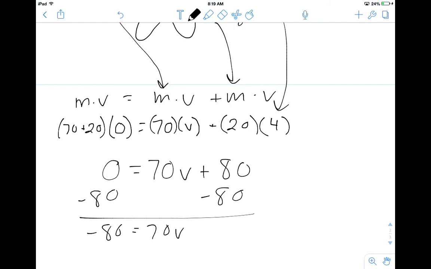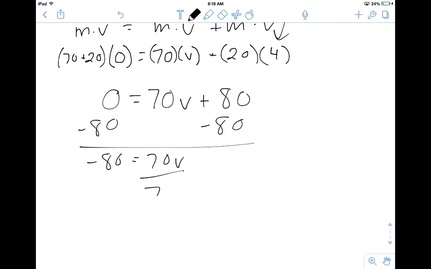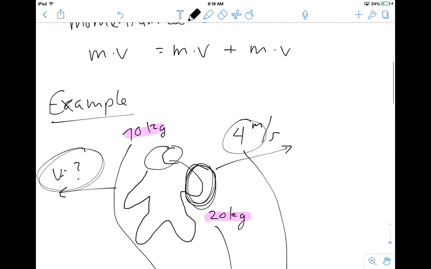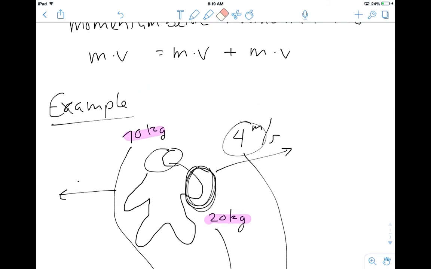Negative 80 equals 70v. I divide both sides by 70 to get v by itself, and 80 divided by 70 is negative 1.14 meters per second. So my astronaut ends up going negative 1.14 meters per second.